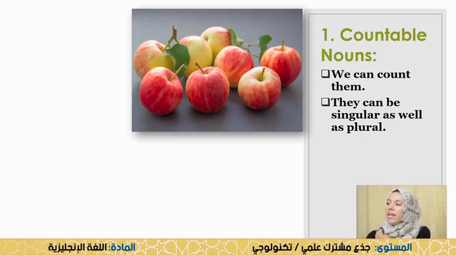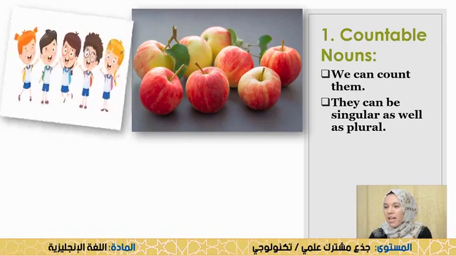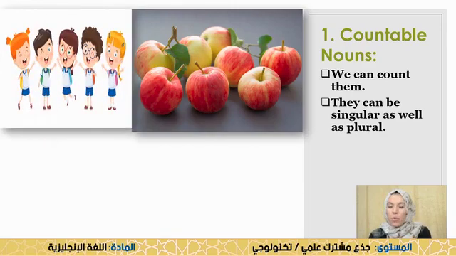Number 2, they can be singular as well as plural, which means these nouns can take the singular form and the plural form. Let's give an example. Have a look at this picture. We have got here students. The noun students is countable. Why? First, because we can count it, of course.